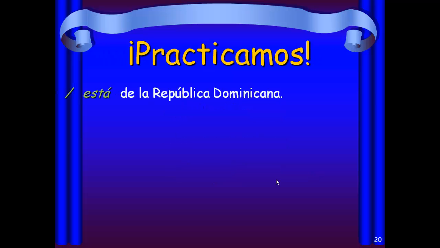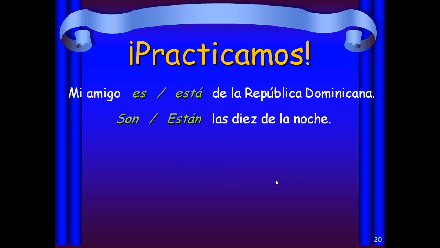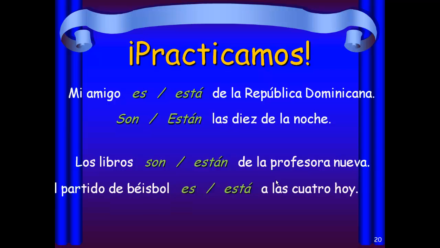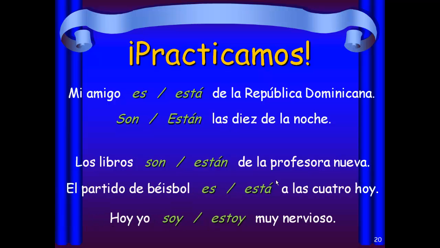There are some sentences. Please, with your partner, discuss which ones should we use, the ser version or the estar. I'll give you a minute and then I'll show you the answers. You don't need to write these down. Just talk them through.